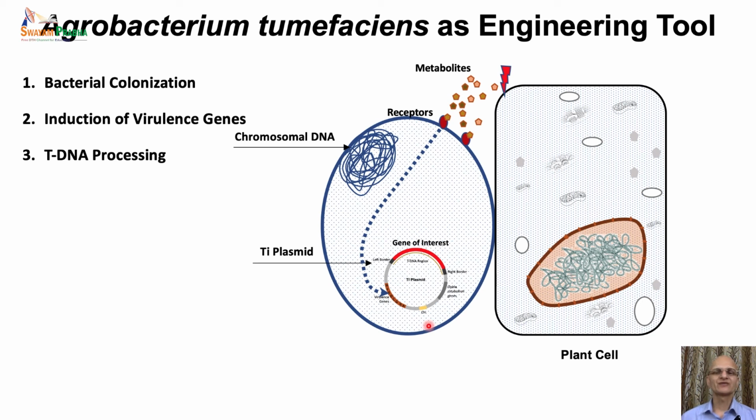Now the virulence gene products have three major jobs, and the first one is to activate the synthesis of a T-DNA copy, where VirD2 specifically, that is, the proteins encoded from the VirD operon, play a major role. It creates a single-stranded T-DNA copy.